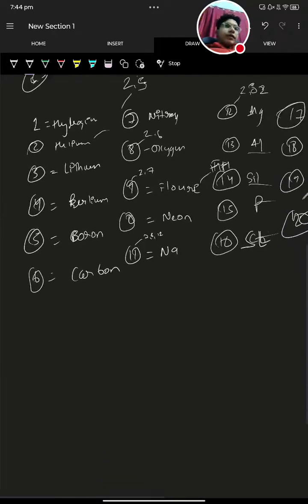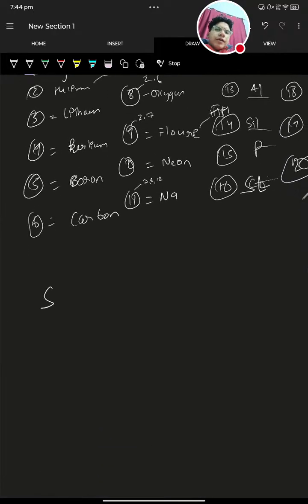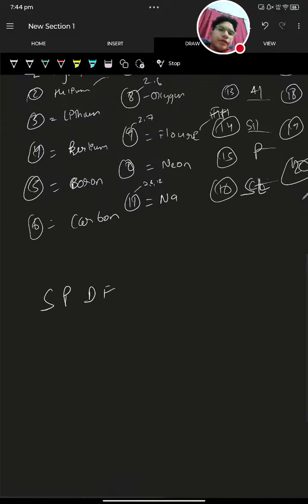Then there is a pretty annoying thing that I studied, which was SPDF. S is like 2, P is like 6, D is 10, F is 14, I think so.